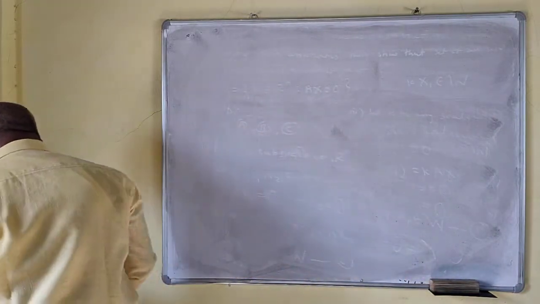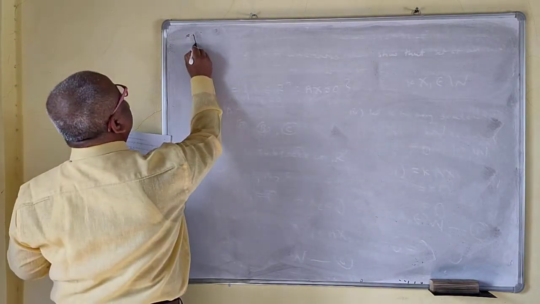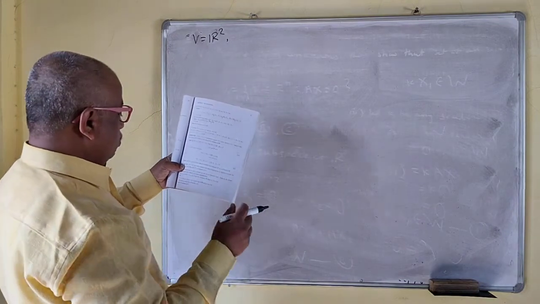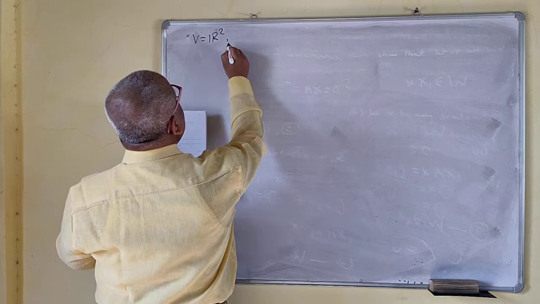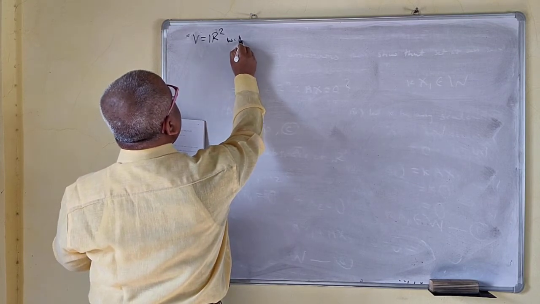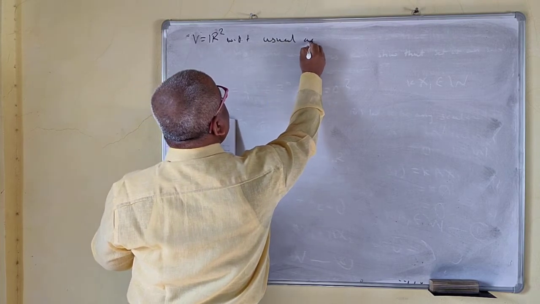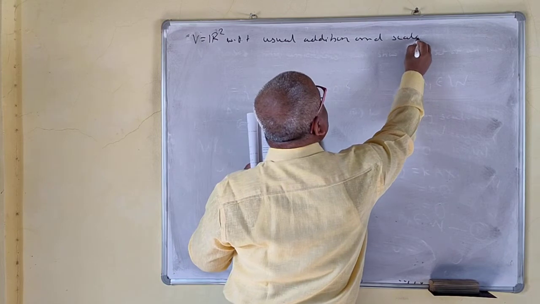Okay, so we'll take the next problem on this one. Next example: let V be equal to R2 with respect to usual addition and scalar multiplication.